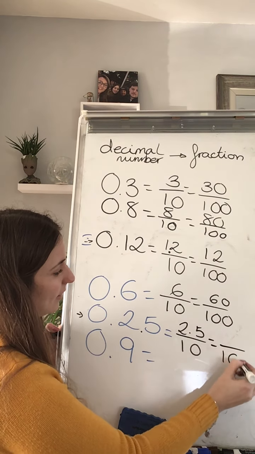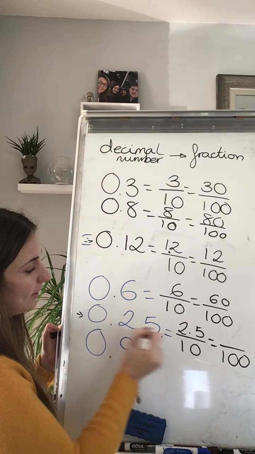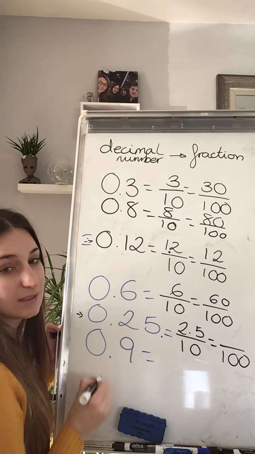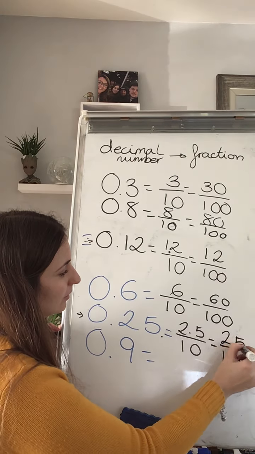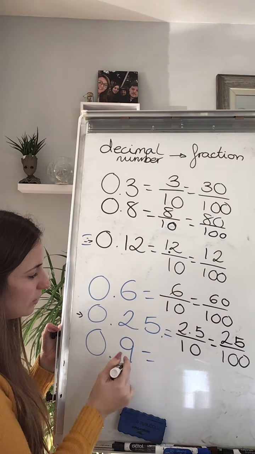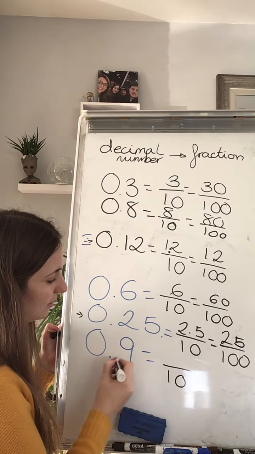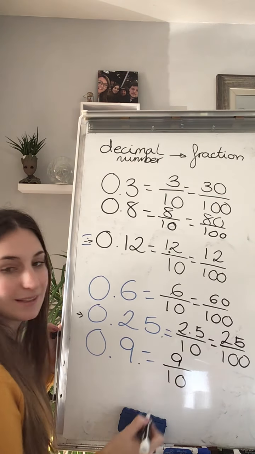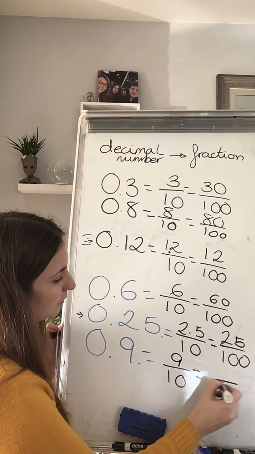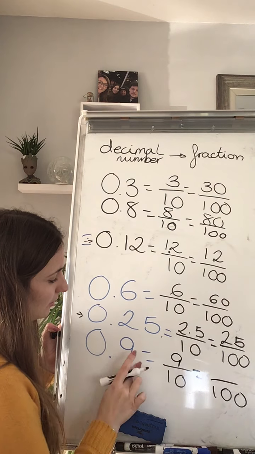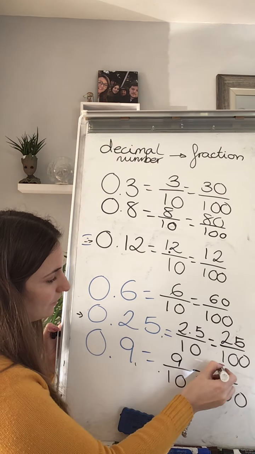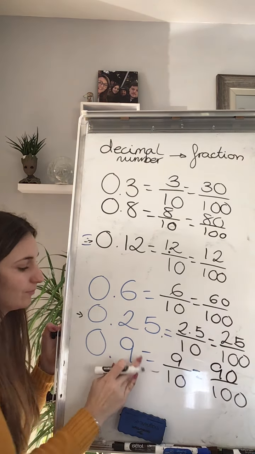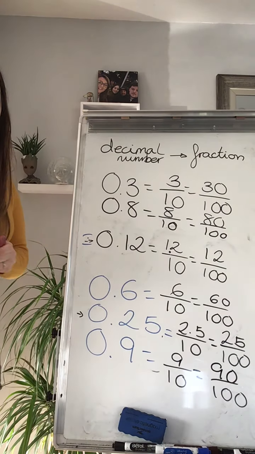If I time it by 100, it will be 25 hundredths. And your last one, 0.9, if I time it by 10, it will be 9 tenths. And if I time it by 100, it will be 90 hundredths. Okay? Right, really easy, guys.